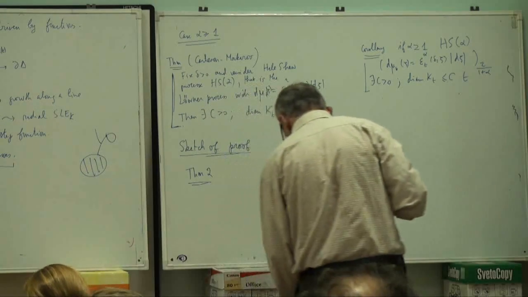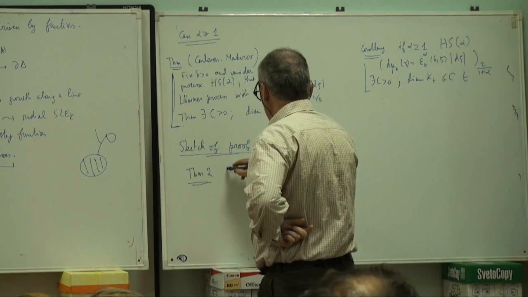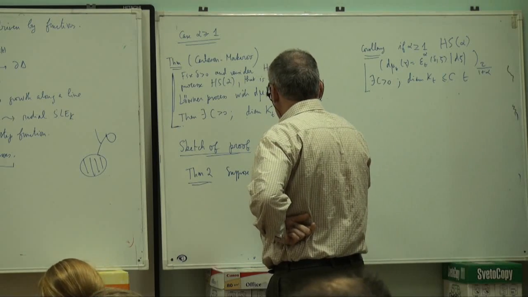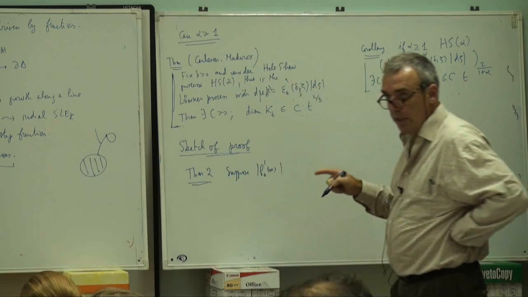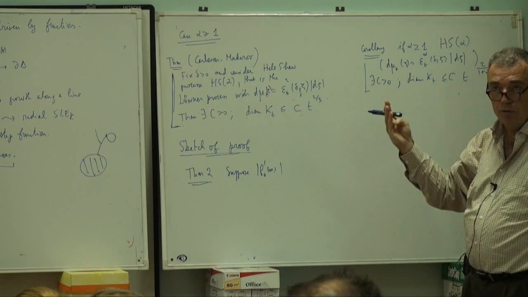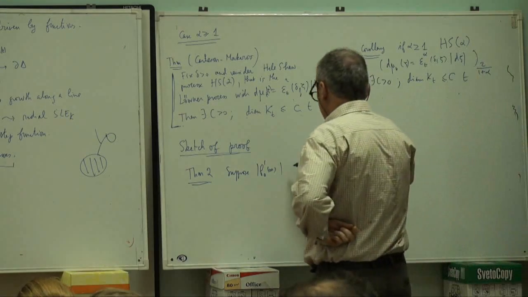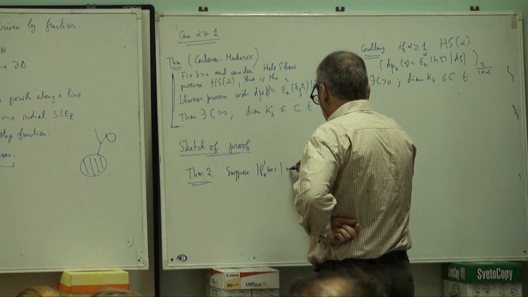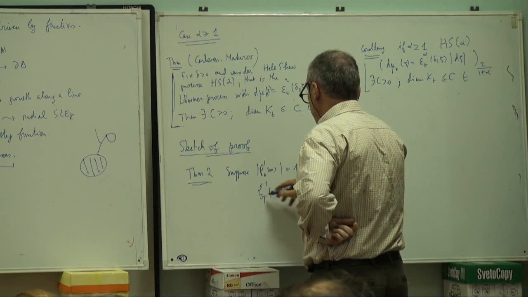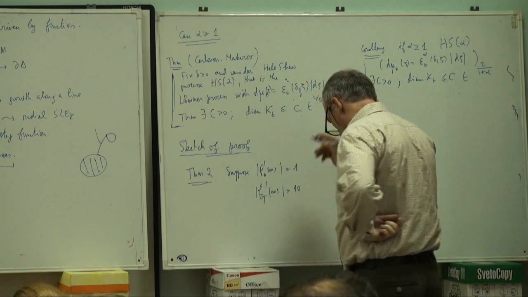And this goes as follows. Suppose f0 prime of infinity, I recall that this is a logarithmic capacity, so this is comparable to the diameter. Suppose that this is 1 and ft prime of infinity is 10.